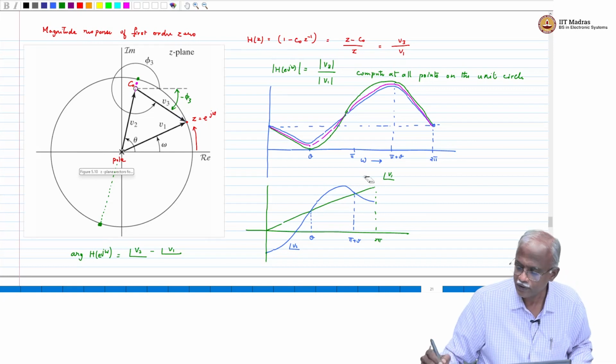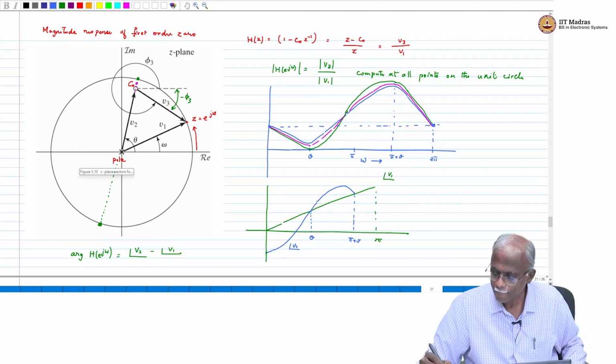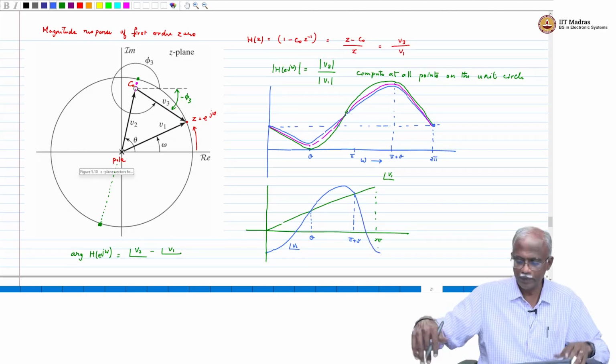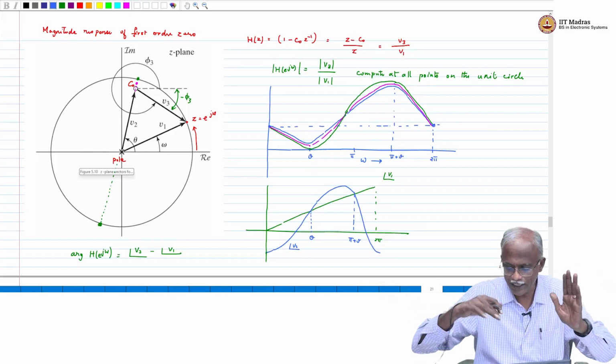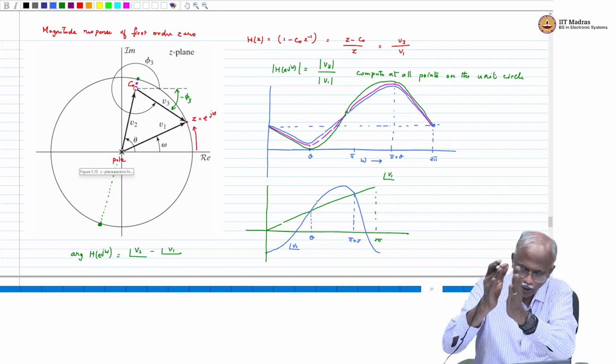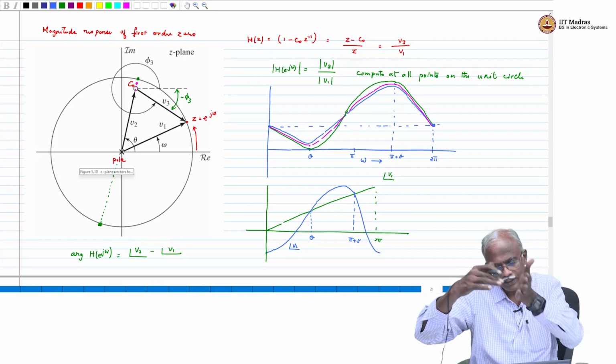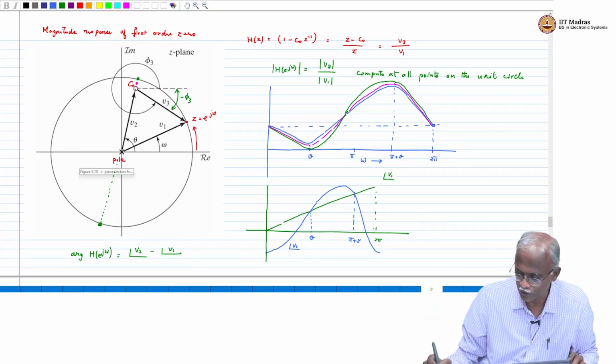So let me make sure I get that correctly. Okay, so basically what you're seeing is there is a variation that happens. It starts at some negative value, goes all the way down, becomes positive, then eventually goes negative again.